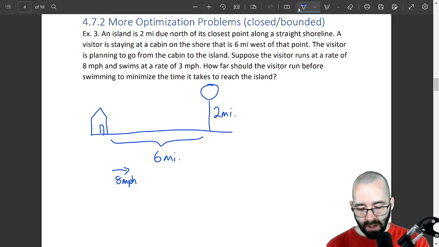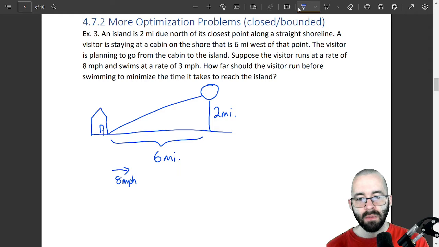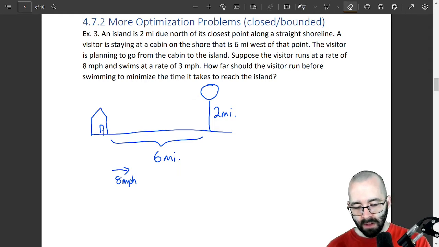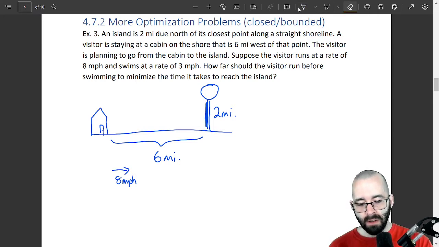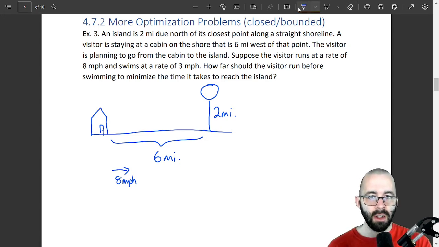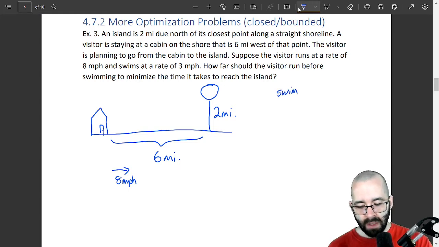If they wanted to, they could swim directly from the cabin, or they could run part of the way and then swim from there, or they could run almost all the way there and swim perpendicularly. We don't know how they're going to run and swim yet. But they do swim at 3 miles per hour. We'll write that down later.